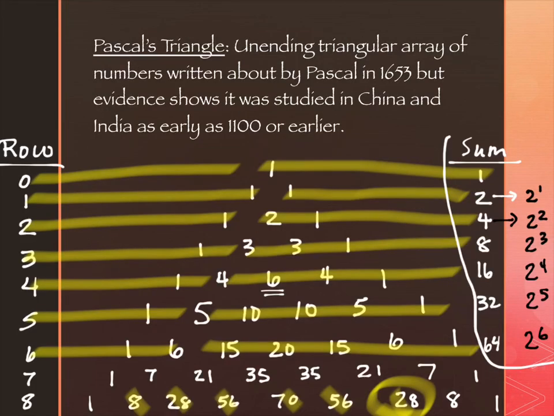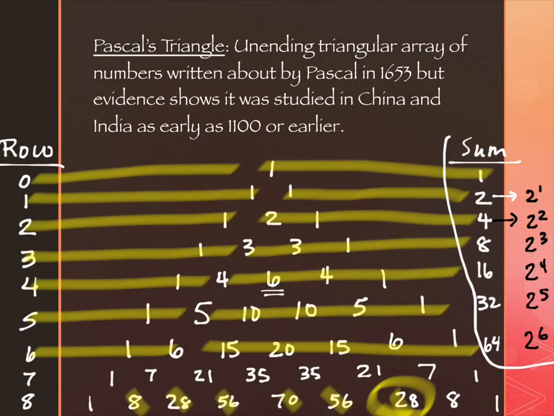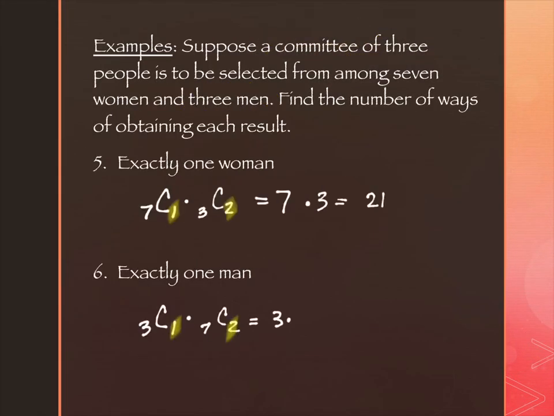What is 3C1? It's 3. And then I need 7C2. It's 21. And then 3 times 21 would be 63.